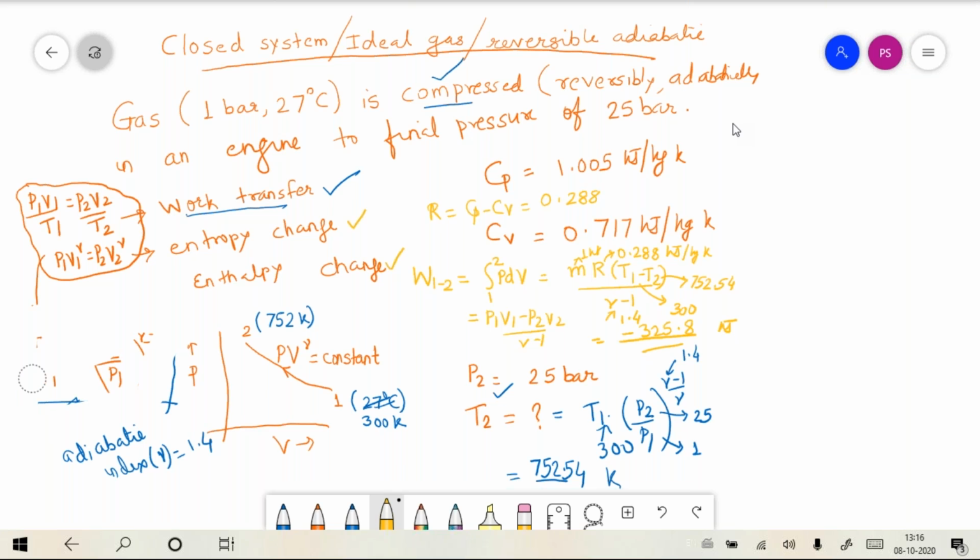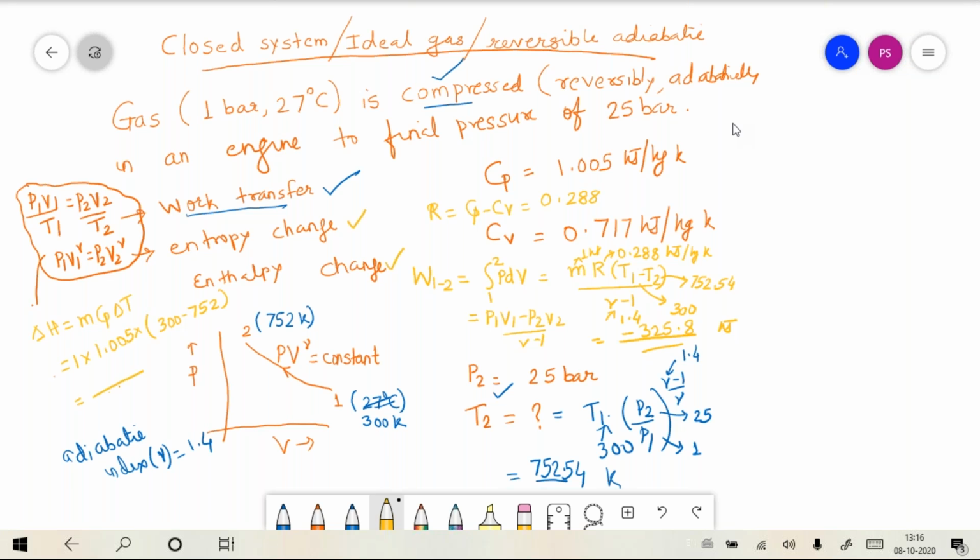Change in enthalpy delta H is mCp delta T. So it is 1 into specific heat 1.005 and delta T, 300 minus 752. That gives me the value of delta H. Vedant has got the answer, it is negative, so enthalpy would decrease, right?